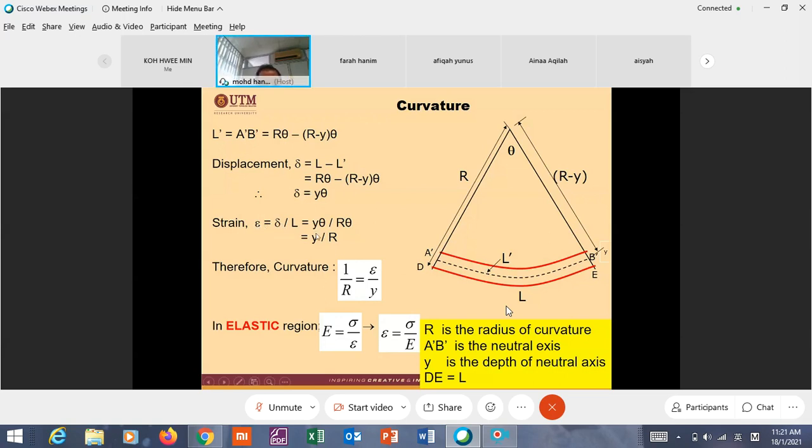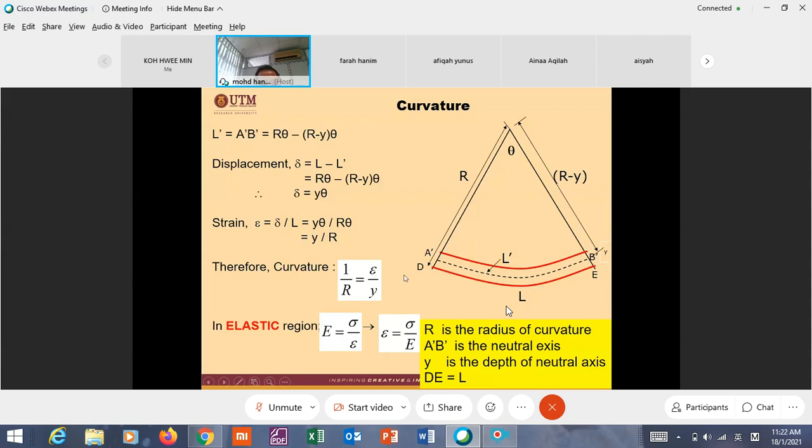Therefore, strain equals delta over L equals theta y over R theta, cancel theta, y over R. And from this equation, we will have 1 over R equal to strain epsilon divided by y.